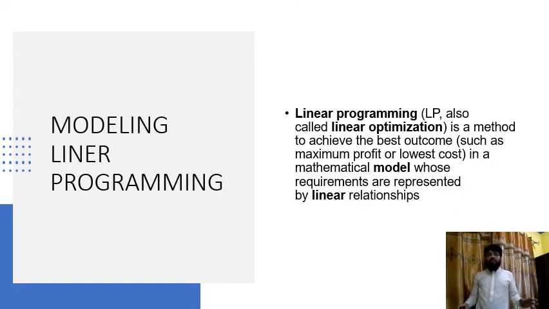Now, what is modeling linear programming? Linear programming, also called linear optimization, is a method to achieve the best outcome, such as maximum profit or lowest cost, in a mathematical model whose requirements are represented by linear relationships. Now let us discuss why linear programming is used to compute the lowest and highest, because this is the mathematical way, which gives us the difference between the maximum and the lowest profit.